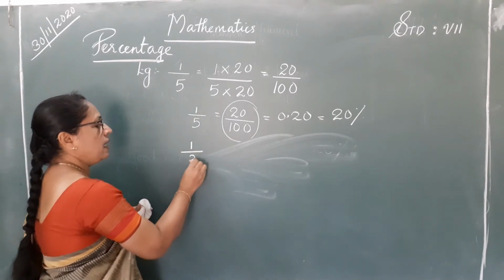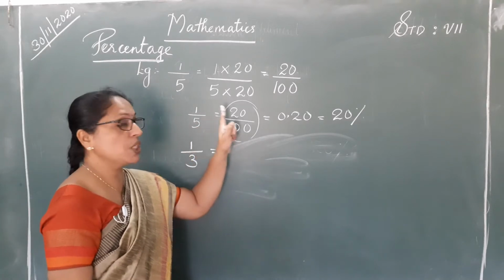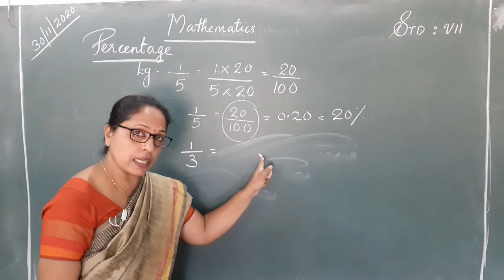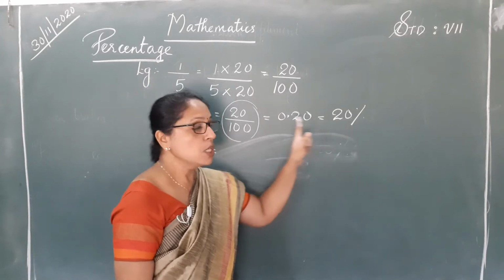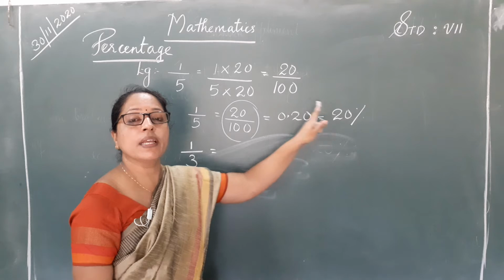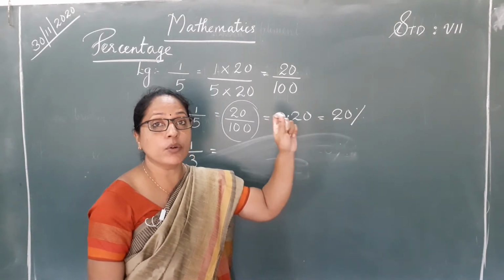First we took 1 by 5, changed it to an equivalent fraction with denominator 100, then changed to decimal, then to percentage. If the denominator is 100 only, we can directly put it into percentage, because percentage is out of 100.